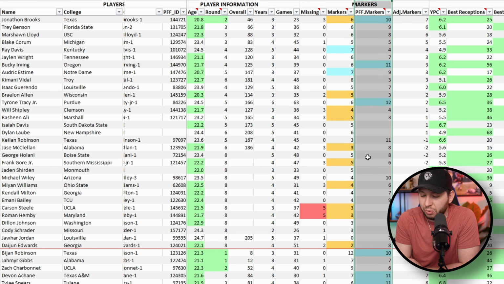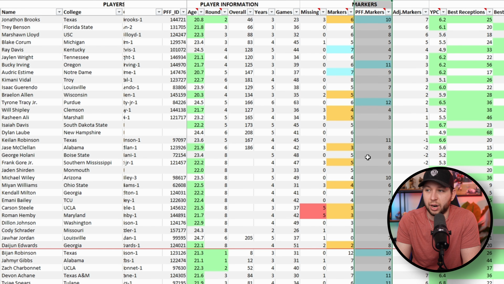The reason being that I think the PFF stuff means more for wide receivers on a per route basis than it does for running backs on a per attempt basis, because of the differences in the natures of the positions, right? With wide receivers, there are always at least 2, if not more likely 3, wide receivers on the field at the same time, and they're competing with each other for targets from the quarterback.